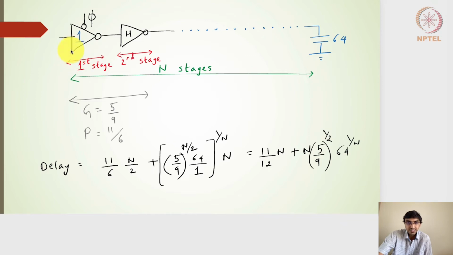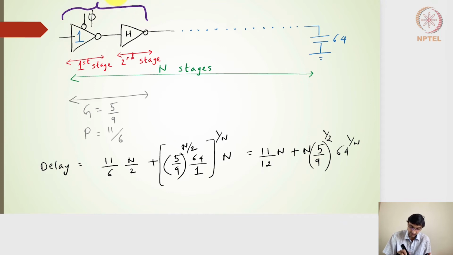So what we'll consider is putting together these two stages. So let me get my pointer. This will be considered as one domino logic, and let's say that we are interested in designing this whole thing as a footed domino logic.